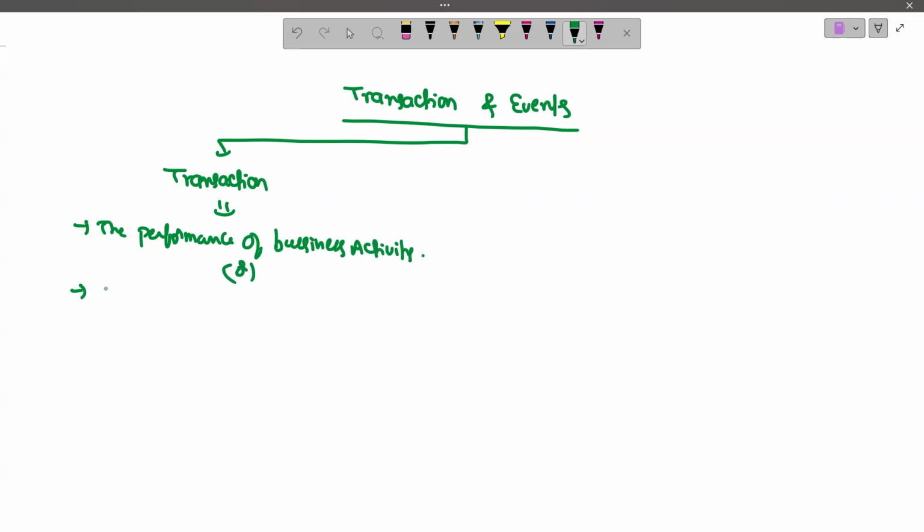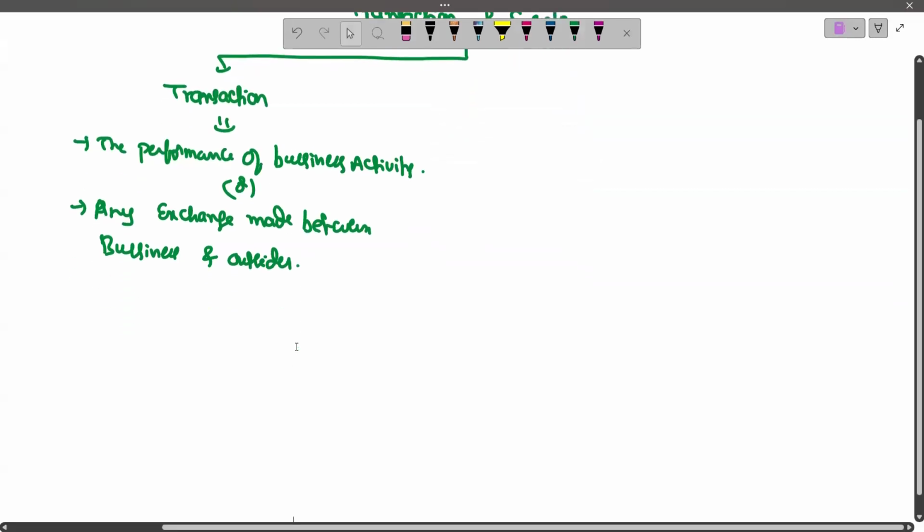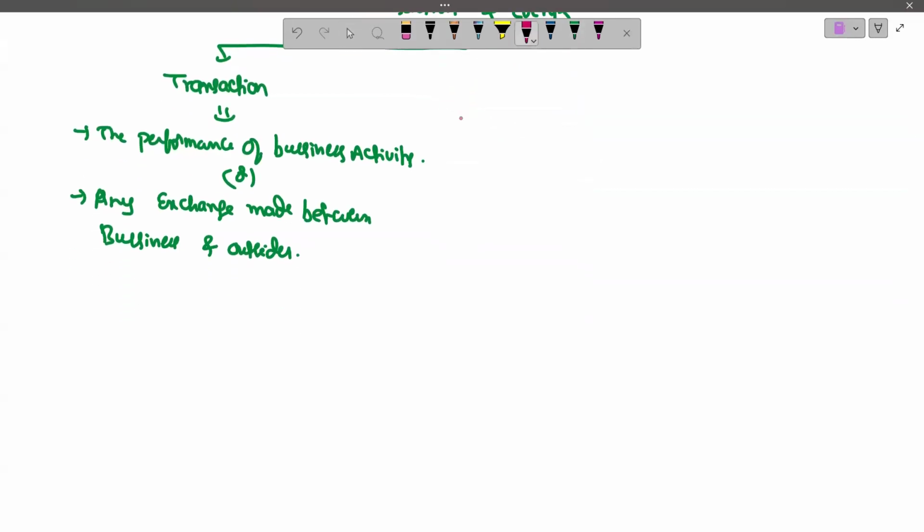Or it may be defined as any exchange made between business and the outsider. Any exchange made between business and the outsider is called what? Transaction. It means, for example, whatever activity is made between the business and outside.